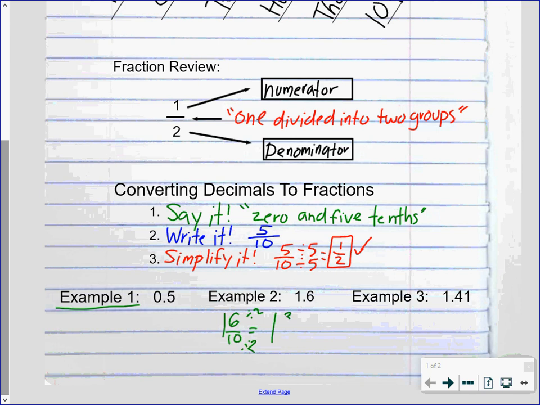So we're going to get 1 and 3/5 as our final answer. And then for example 3, we have 1 and 41/100ths, and that cannot be simplified, so we are going to leave it as it is.